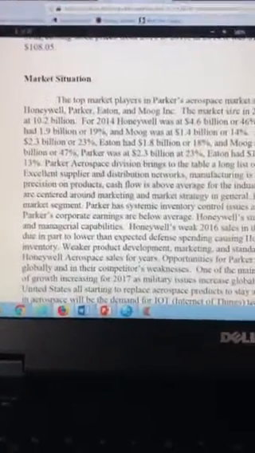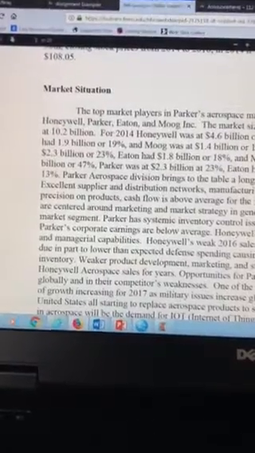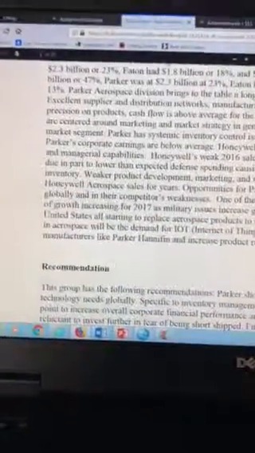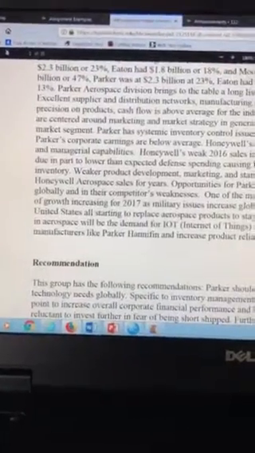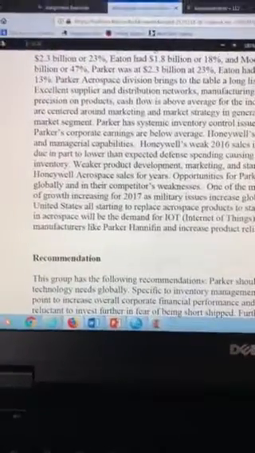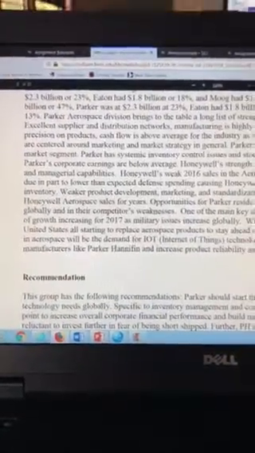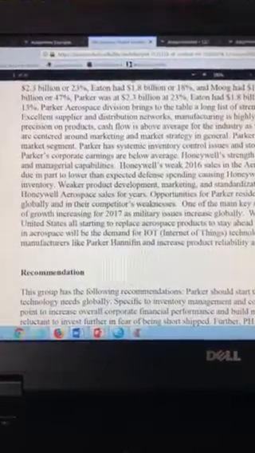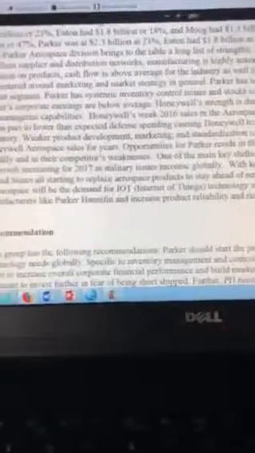Tie that into this. Now, one of the things that's going to be important in that market situation is going to be the SWOT analysis. Those opportunities that you list are going to be connected right to your recommendations, right? So your recommendations are going to be tied right to the opportunities that you listed, all right? Now, one other thing about the recommendations.